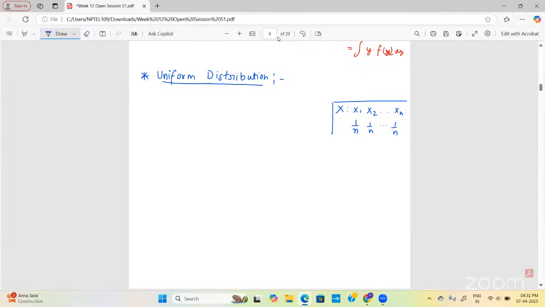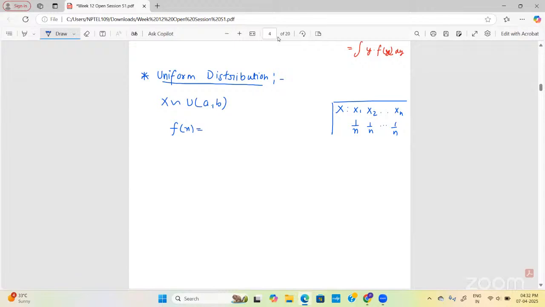Now, if I talk about the continuous case, we say that for each interval, the probability density function will be the same, which means they are equally likely. So how do we define it? It is represented like this: X follows uniform distribution (A, B). We can write the PDF. It is a constant function.